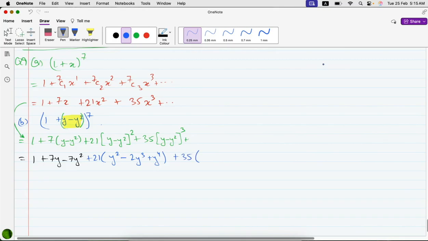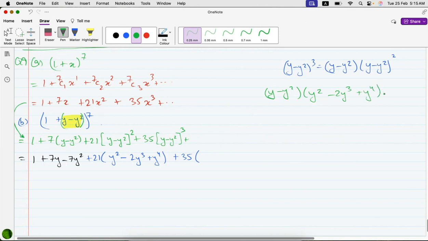I'm opening this at the side. (y minus y squared) whole cubed is actually (y minus y squared) into (y minus y squared) squared. So (y minus y squared) into a squared minus 2ab plus b squared.